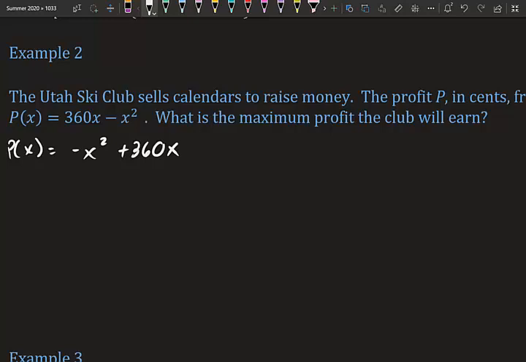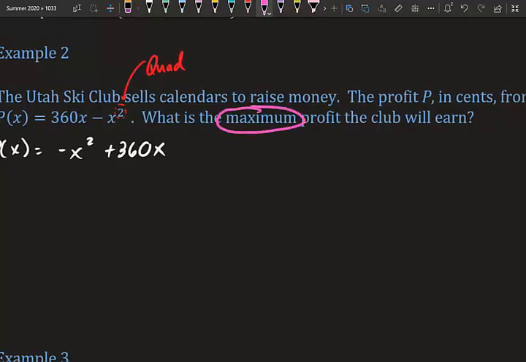All right, so we want to look for a few things. We have a quadratic because it's squared. And since we have a quadratic and we have the word maximum, that means vertex. And since it's maximum and it opens down, it means this. So the vertex, that's x and y.